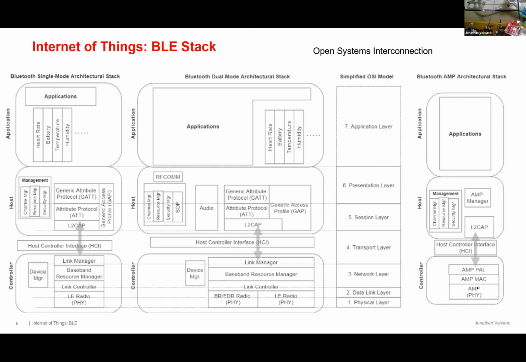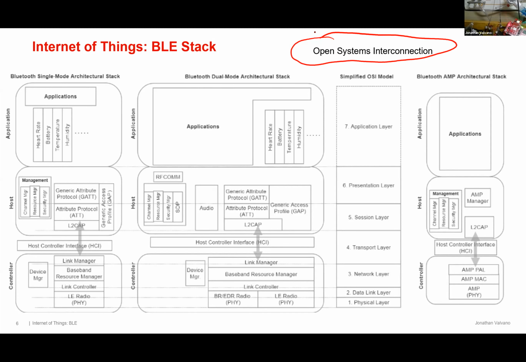We mentioned the word stack before, and here's another one. Often when you see these stacks, it's compared to this: way back in the 60s or whatever, somebody defined what a network should look like in terms of layers.